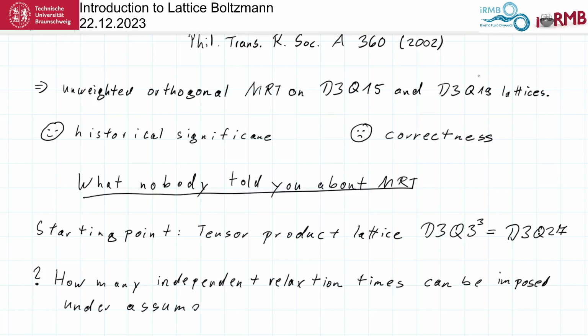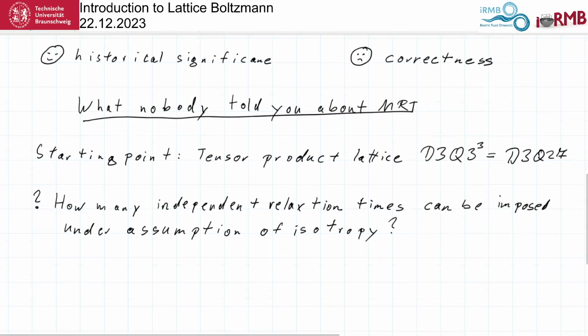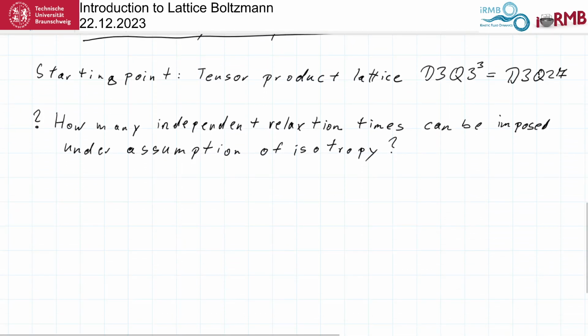In principle, you could say there are so and so many moments, and each of them has their own relaxation rate. Okay, right, but then your model wouldn't be isotropic. So for determining this isotropy, we use a grouping of moments.